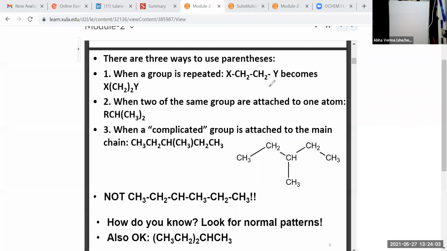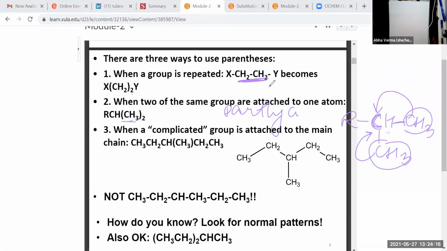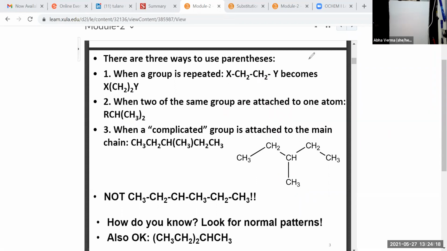Now, when a complicated group is attached, you have to be a little bit more careful. You can use parentheses at that point also. Now, before we go here, let me show you something else. Let's say that I have 1, 2, 3, 4, OH.